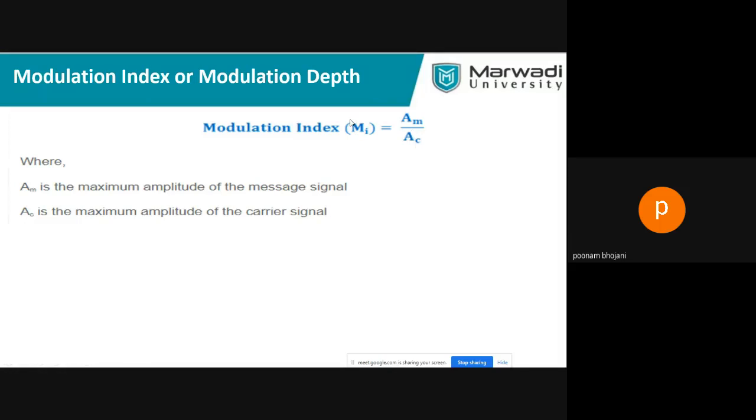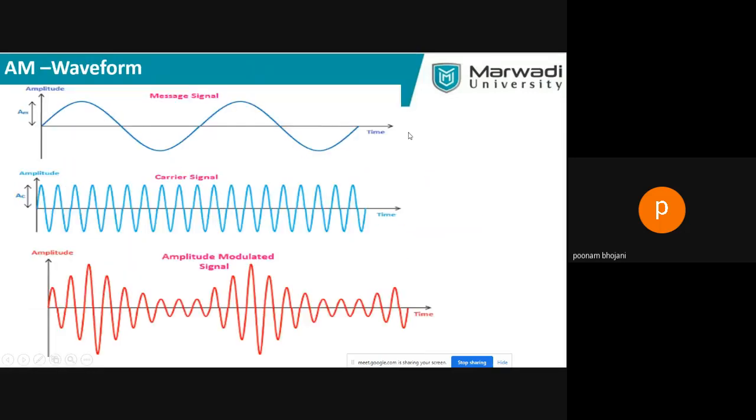So if AM equals AC, if you keep both amplitudes AM and AC equal, then the modulation index will be equal to 1. If AC is greater than AM, then the modulation index will be less than 1 because it is AM upon AC.